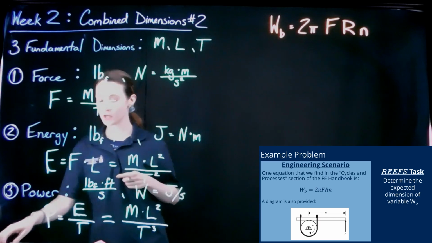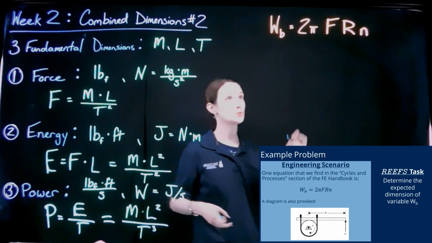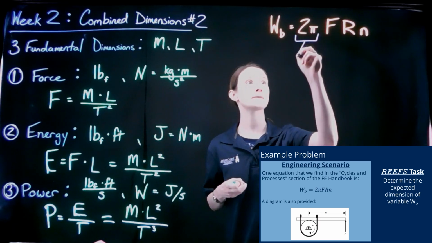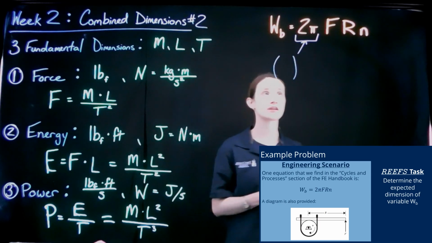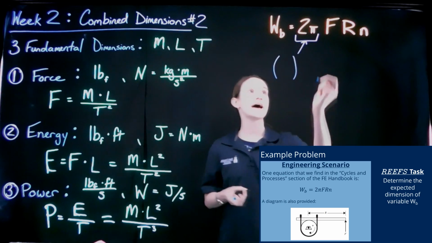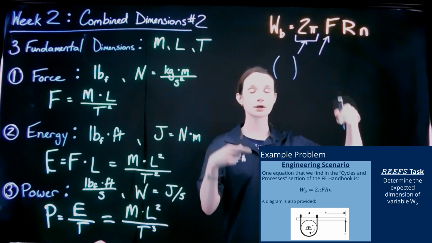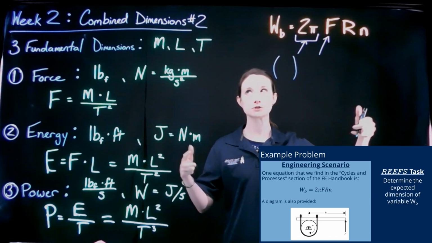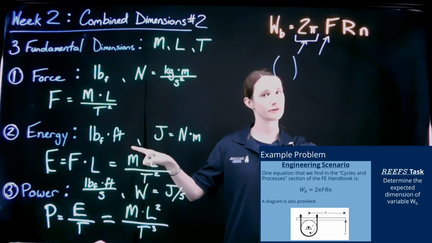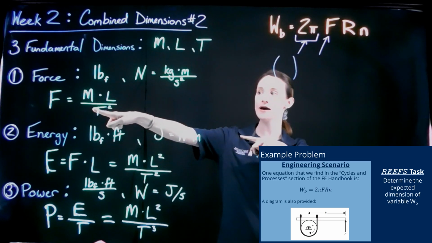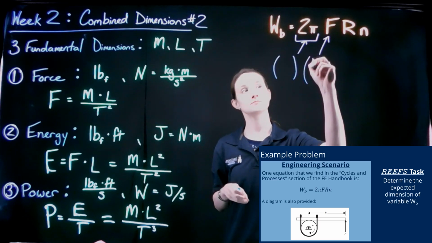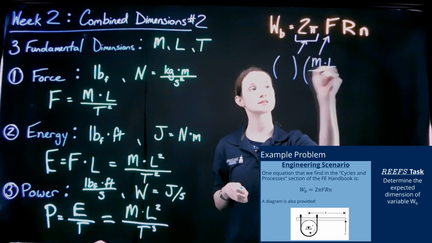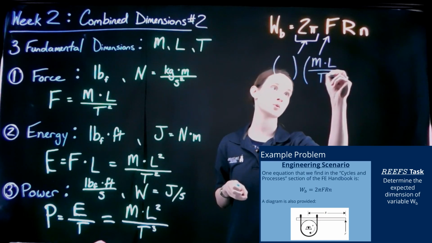Now, in my equation, 2 pi is just a number, so this is going to be unitless. Nothing goes in there. F, if I look at my picture, or just think about what we already defined, F is a force. So this is going to be mass times length per time squared.